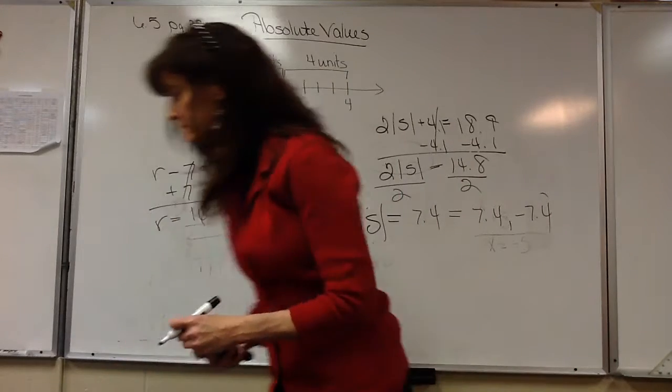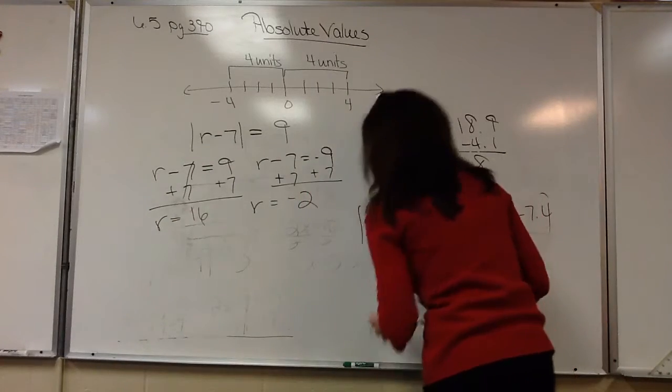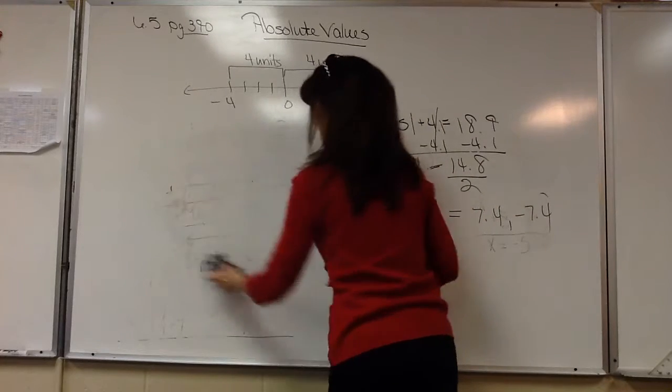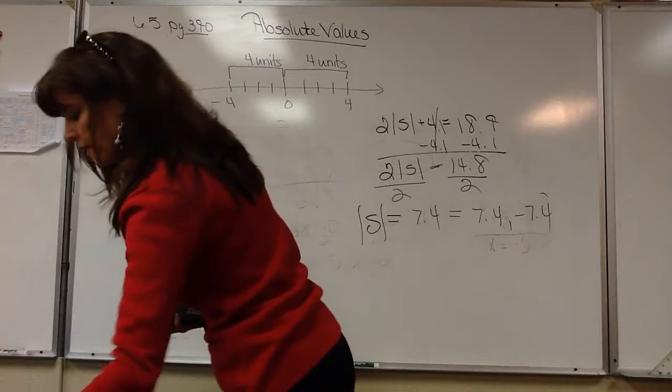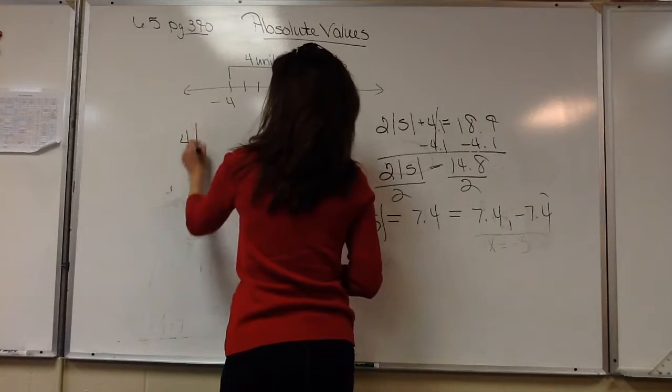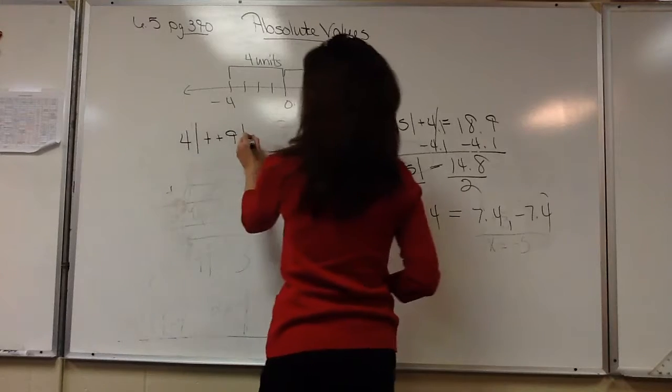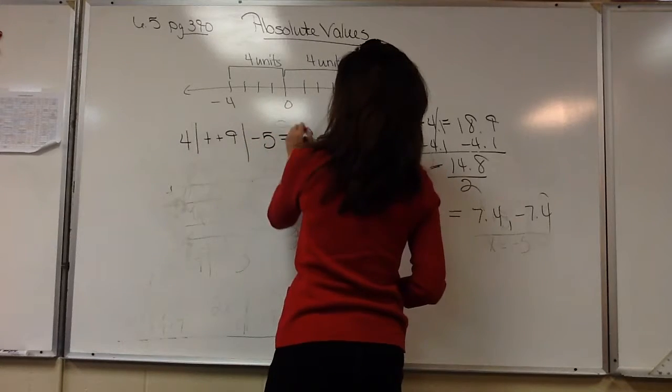Okay, and then our last one, number 4. We also have a multi-step where we have 4 times the absolute value of t plus 9, minus 5, equals 19.